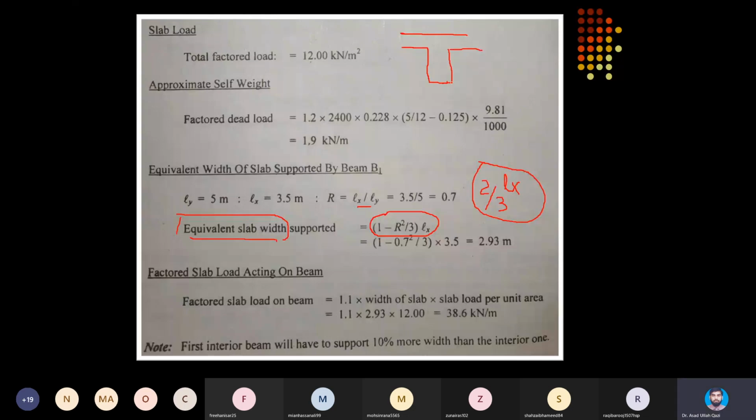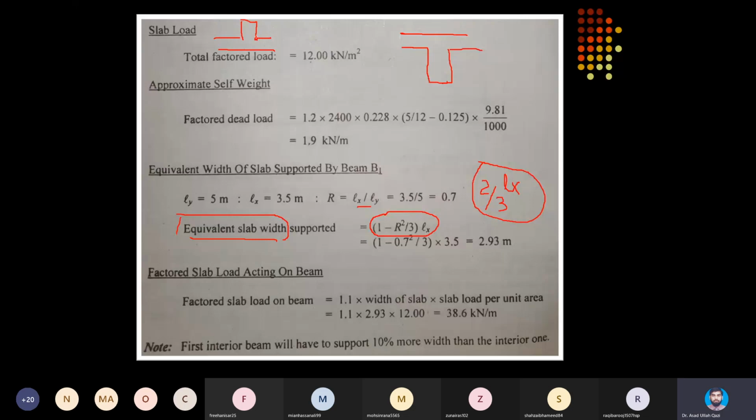There are some slab systems in industrial buildings where beams are very deep, and to save vertical space, they project the web above the slab. So inverted T-beams are designed with the web projected above the slab.